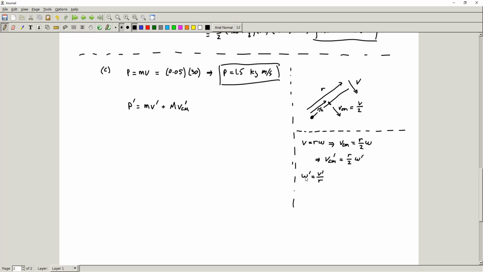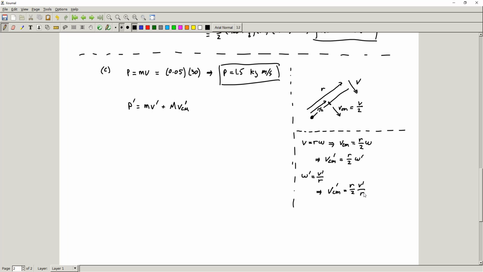Okay. So if we make this substitution, then we can write that our VCM prime is equal to r over 2, and our omega prime is equal to v prime over r, right?